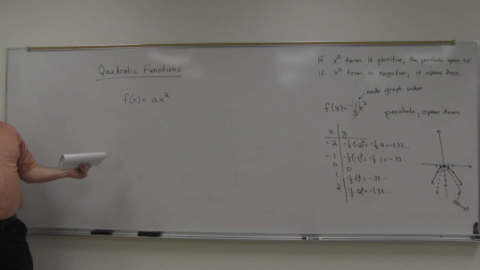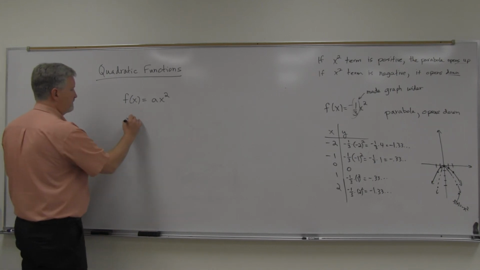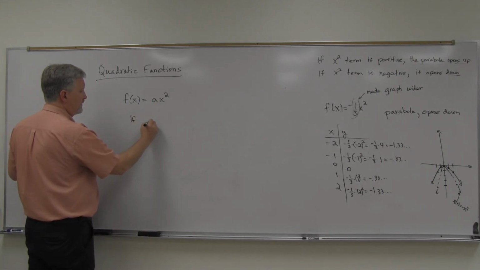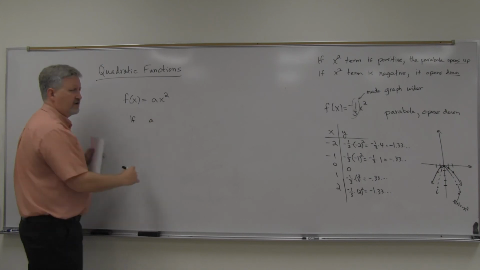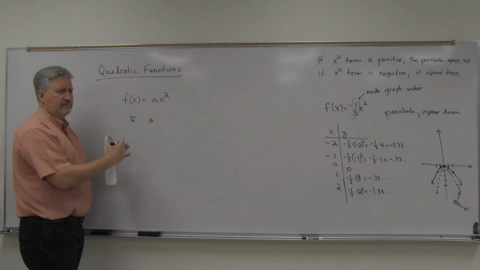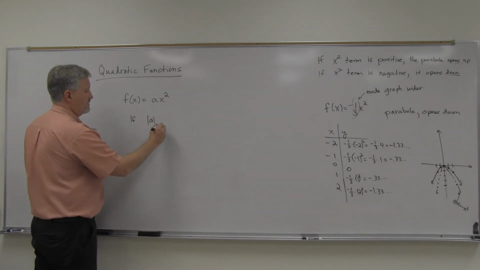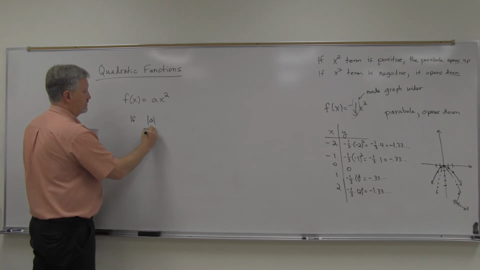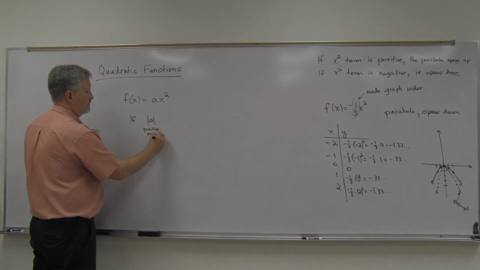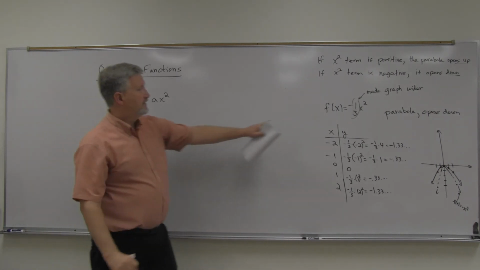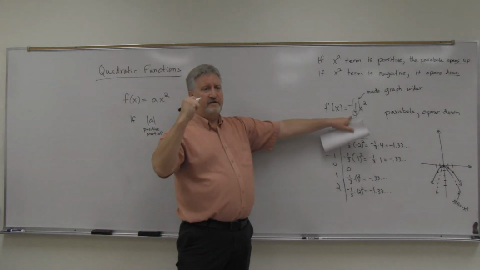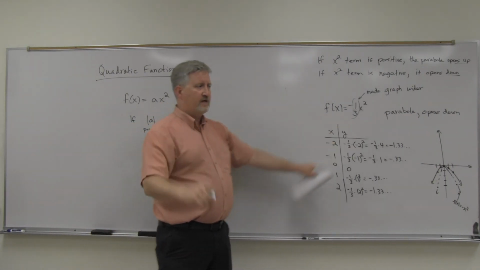Well, what we saw as far as narrow and wider, let's call it the absolute value of a, just the positive part of the a. In other words, like here, I would be talking 1/3 instead of the negative 1/3. That's all that means, absolute value.